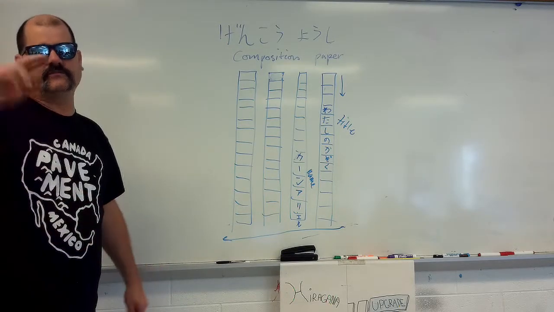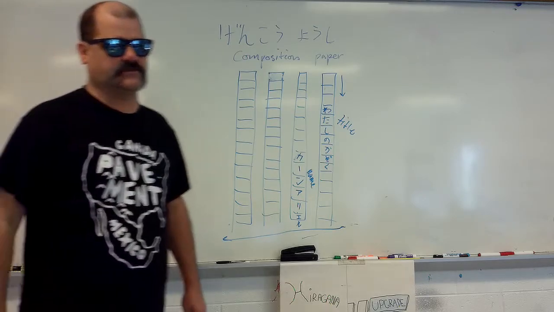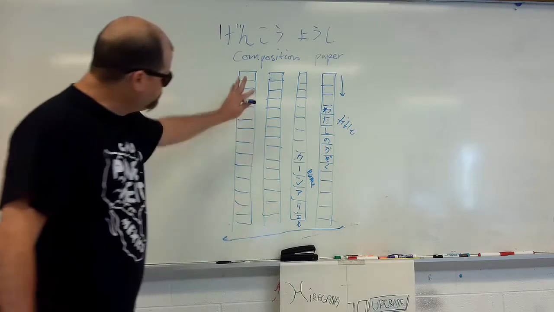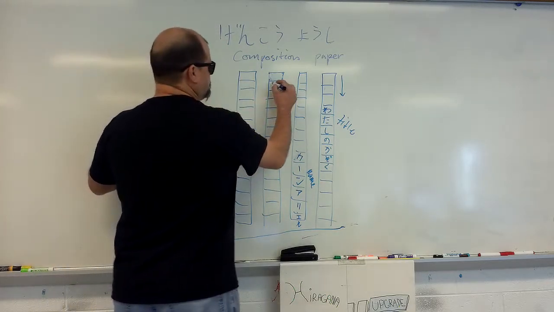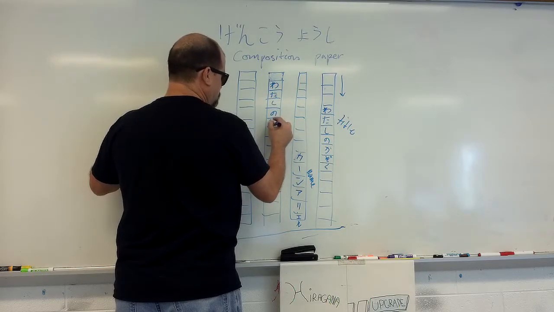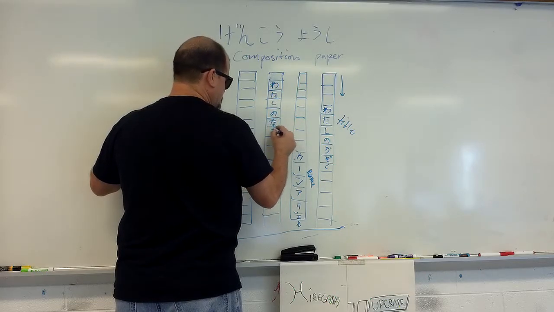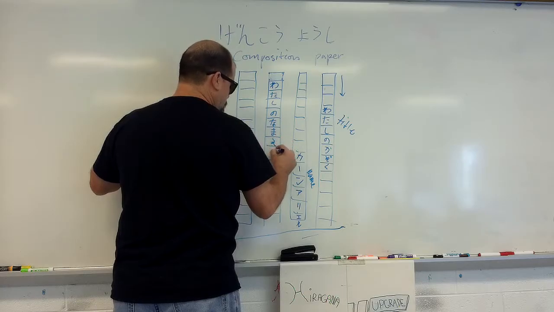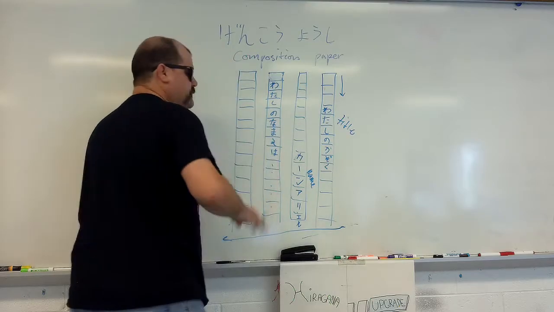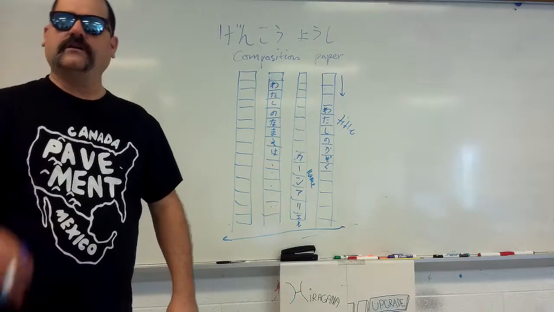Because a hanging indent, you use the box and then not use the next ones. Okay? So, as you write, you're going to say, wa, ta, shi, no, na, ma, e, wa, this, right? And that's going to continue on.